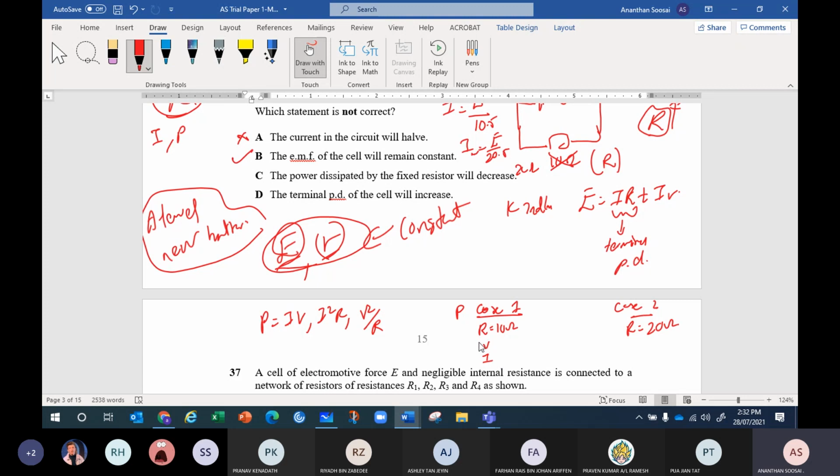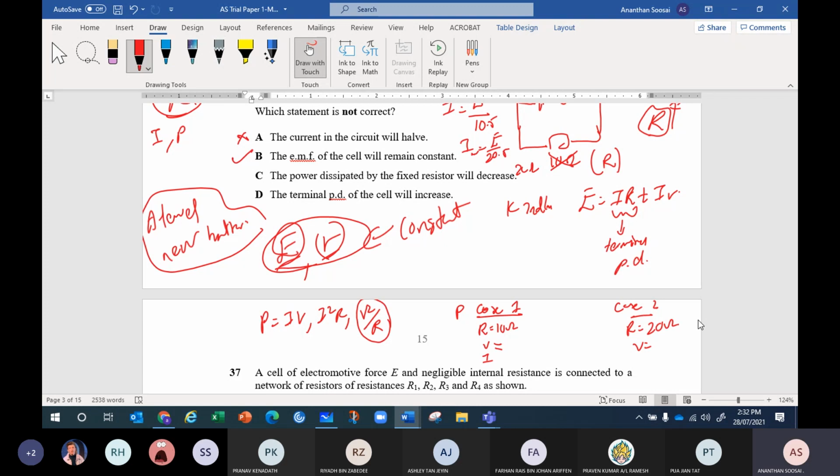We don't know I. Maybe we can get the V. I think V we can. V is possible. For the first case, can you get the V? Second case, can you get the V? In terms of EMF, I think the best formula to find the power is V squared over R.